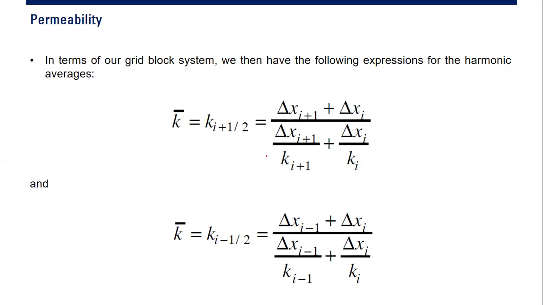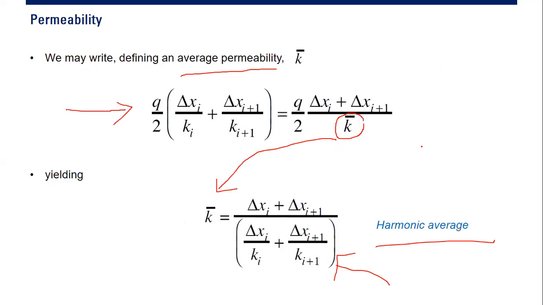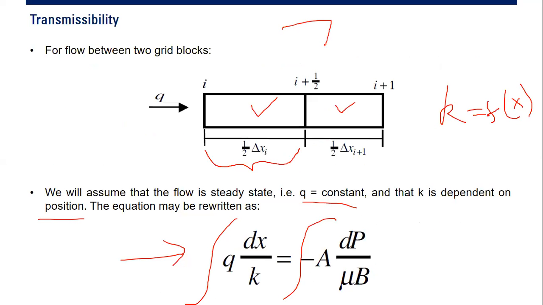So actually K average, which is K at i plus half, is the permeability for flow between two grid blocks.